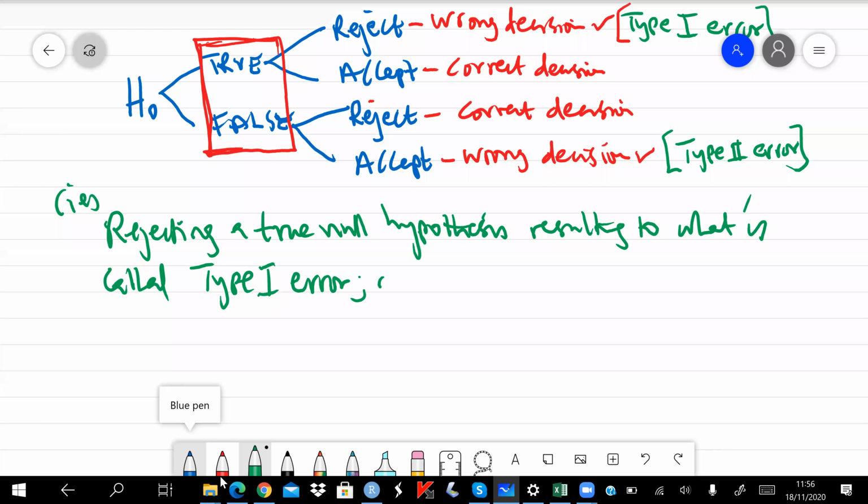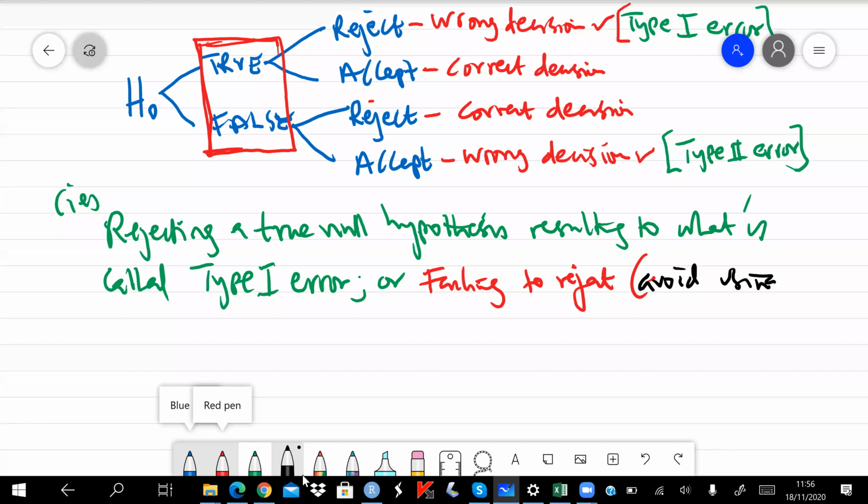Or failing to reject. And here I need to say that you avoid using the word accept.